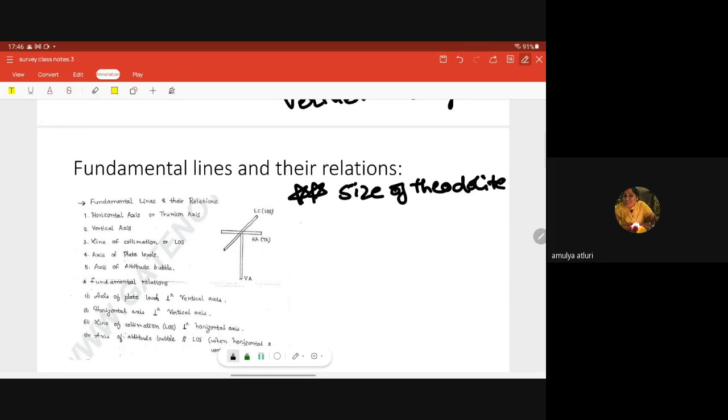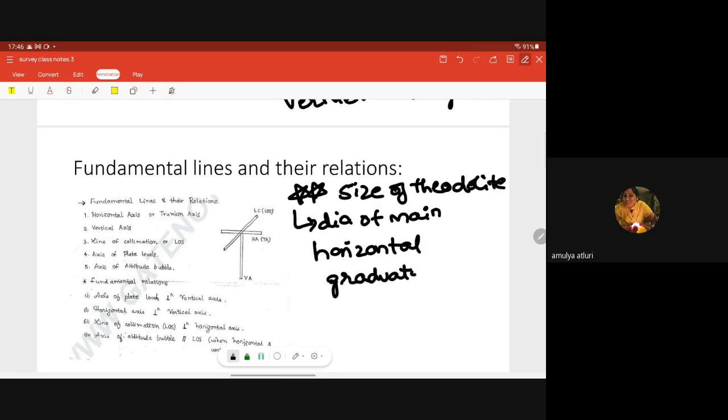It is nothing but the diameter of the main horizontal graduated scale.